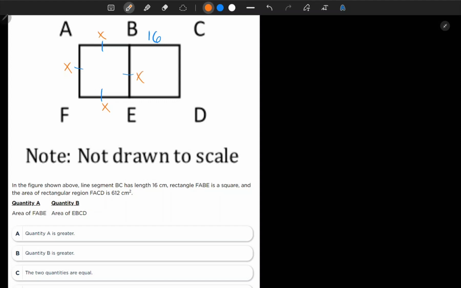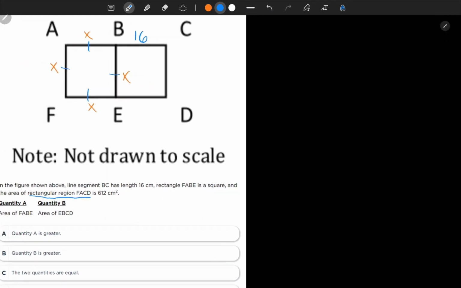So we move on. We say, and the area of the rectangular region FACD, so this entire outer box here, is 612 centimeters squared. So we know that this entire rectangle, FACD, is in fact a rectangle because it's stated that it's a rectangular region, and it has an area of 612.